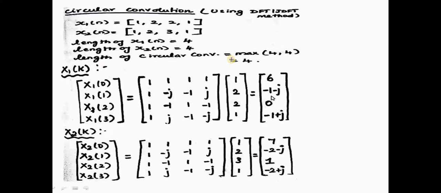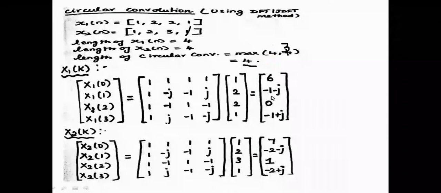The length of the circular convolution will be the maximum of the lengths of x1 of n and x2 of n. So even if you have only 3 here, the answer will be 4 again, because the maximum gives the length of the circular convolution.